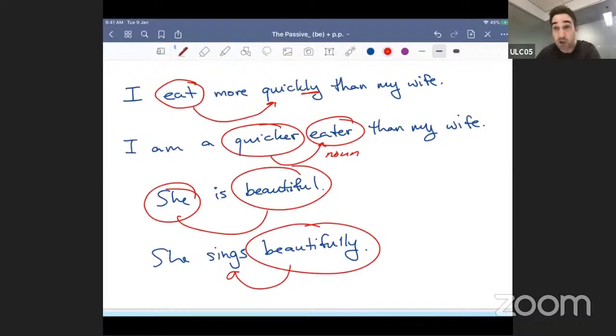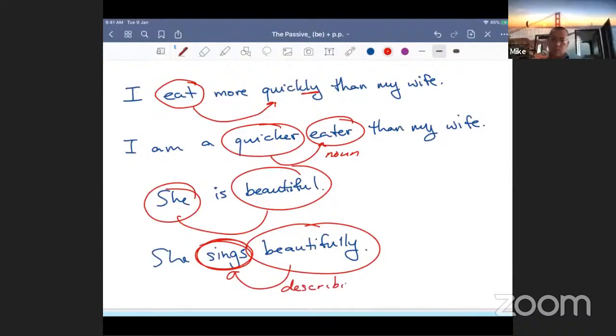I don't care what she looks like. Her physical appearance is not important. I want to know, how does she sing, right? So I'm describing the action. I understand. Thank you.